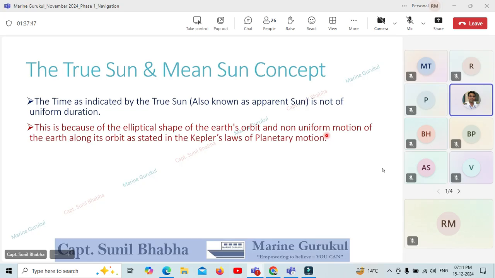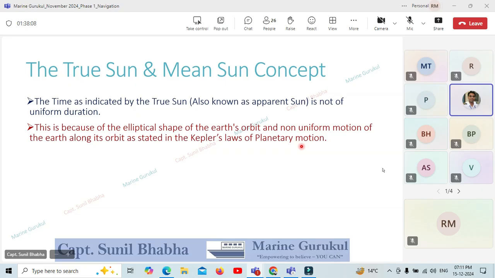It does not move with a fixed speed. The speed keeps on changing. This is as stated in Kepler's laws of planetary motion, that all the planets orbit around the sun in elliptical orbits, and the speed of the planet when it is moving on that elliptical orbit keeps on changing.